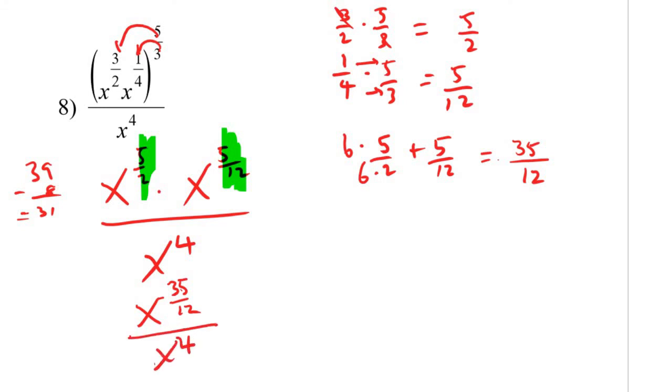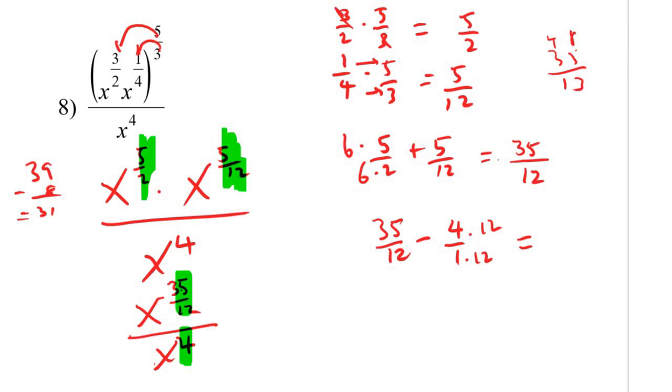And we know to subtract them now. We're going to subtract this and this. So we do 35/12 minus 4/1, times 12 times 12. And that will give 35 minus 48, which is negative 13.